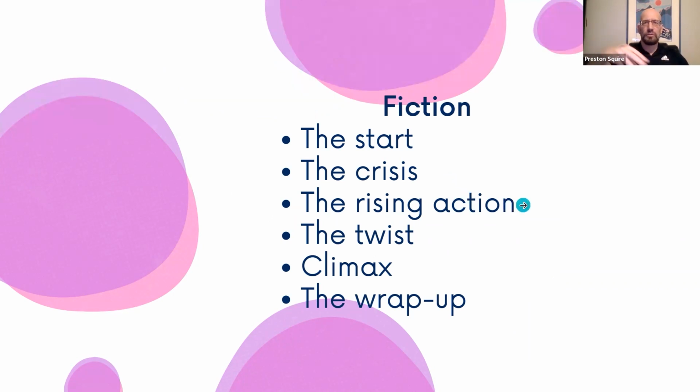What is the rising action that's bringing them through? What is the twist that happens unexpectedly, which makes everything even worse right before we get into the climax of the story and then the wrap up? So you want to tent pole these in your story so you know where it's got to go.